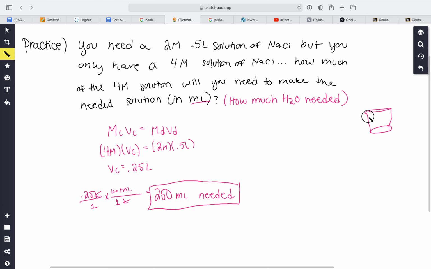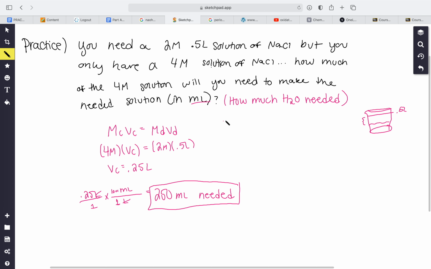So let's say that this is the 0.5 liter mark. So what we have right now is 250 milliliters of this solution. That's how much we need. So in order to fill the rest of this and get the 0.5 liters that we need, how much water is needed, right? So what do we need in order to get it to 0.5 liters, if that makes sense?